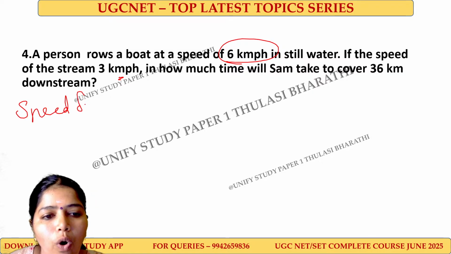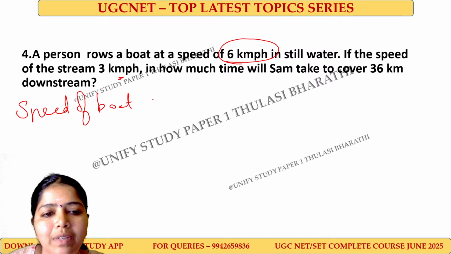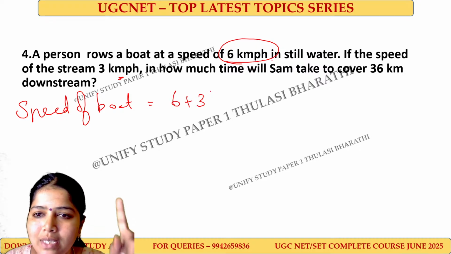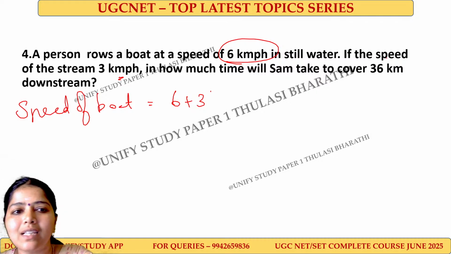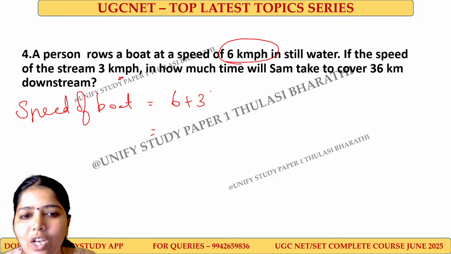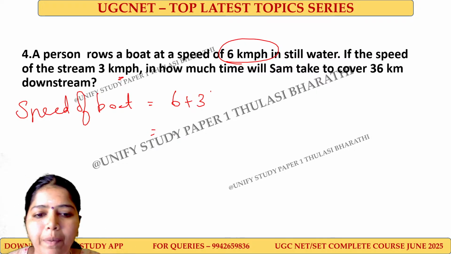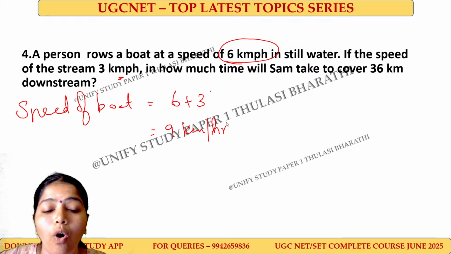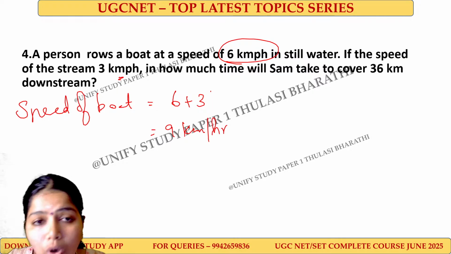The speed of the boat with the stream is equal to 6 plus 3, because still water plus the speed of the stream. So that is equal to 9 km per hour. It is the speed of the boat with the stream.